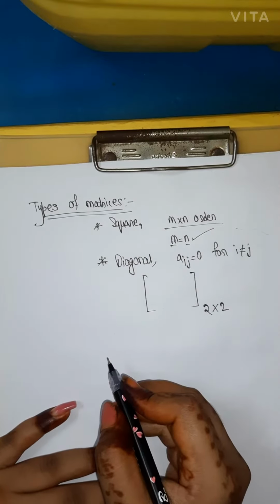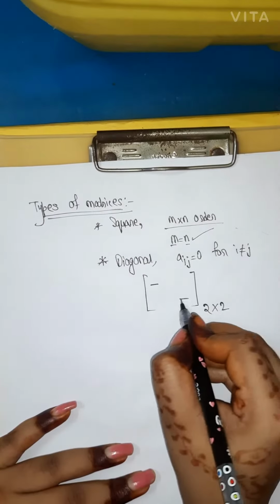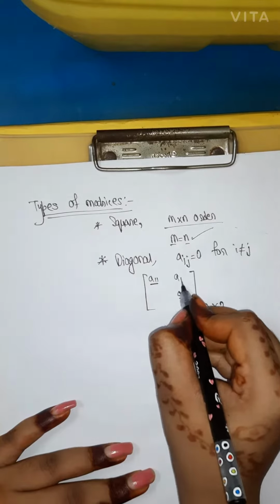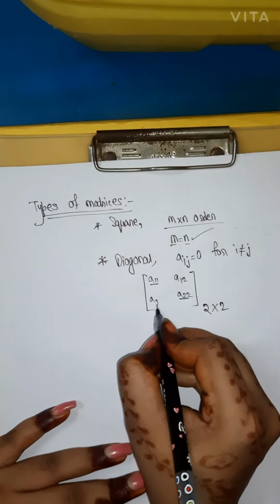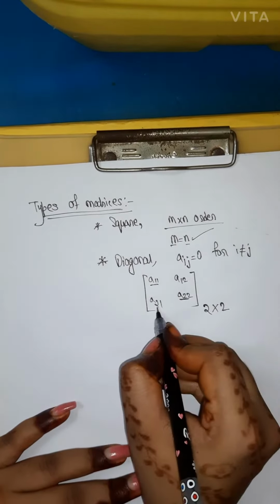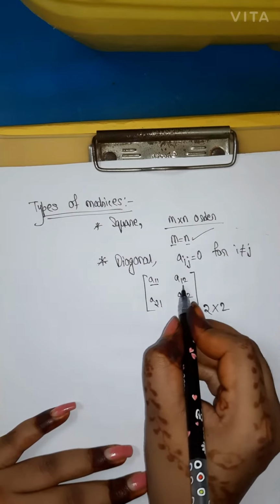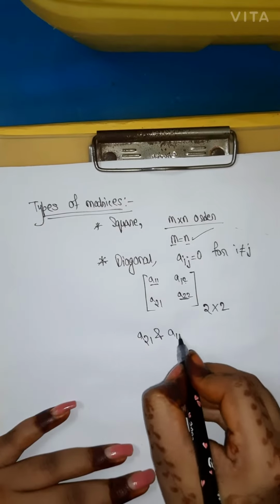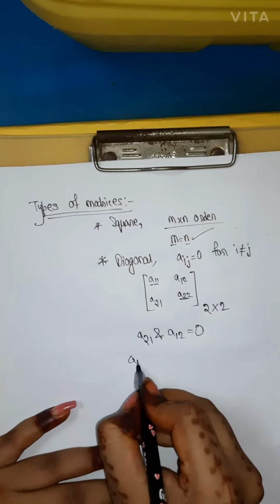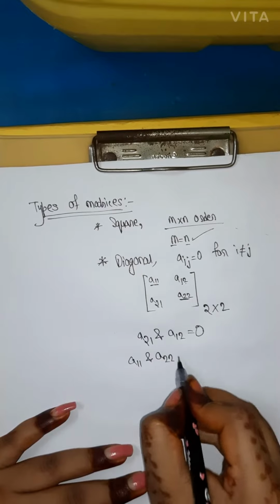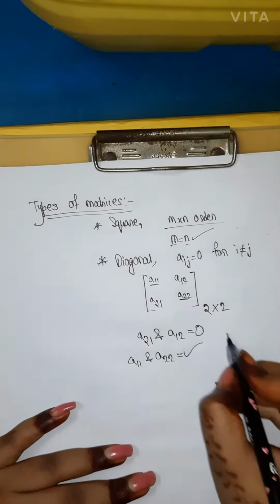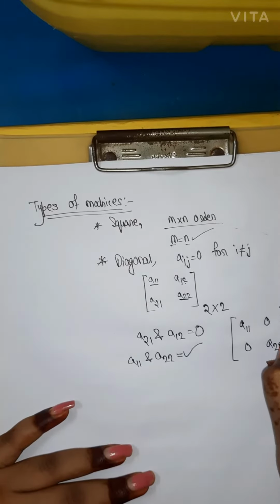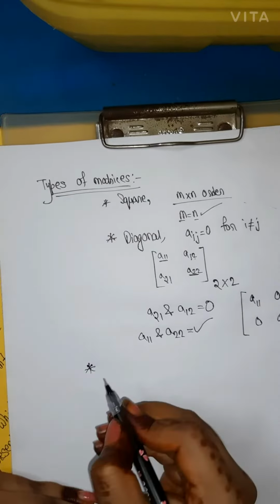So i not equal to j for A12 and A21, but A11 and A22 are possible. Here i not equal to j, so both A21 and A12 must be equal to 0, but A11 and A22 are possible. So here we will have A11, 0, 0, A22. This is a diagonal matrix.